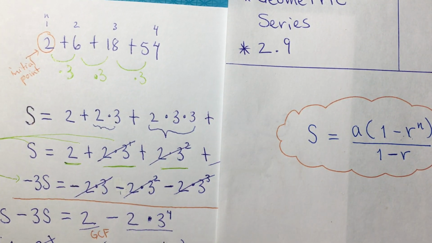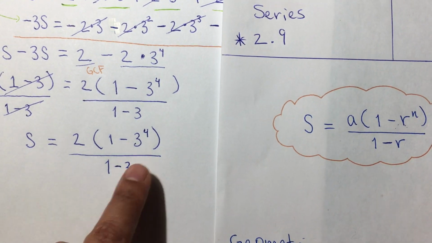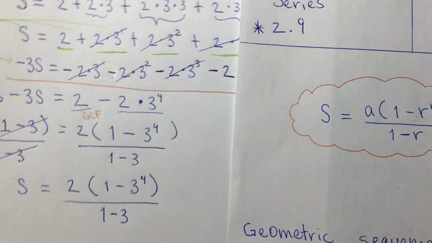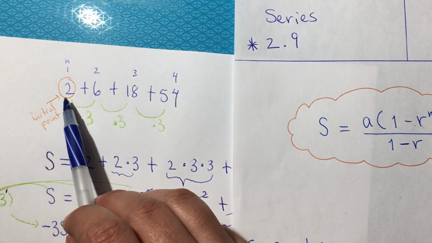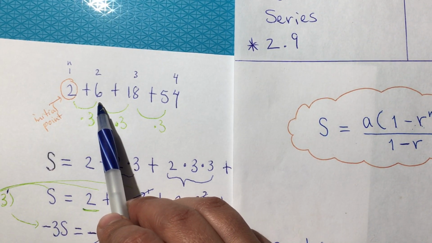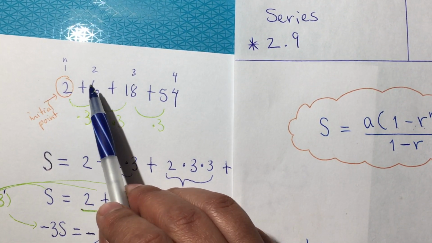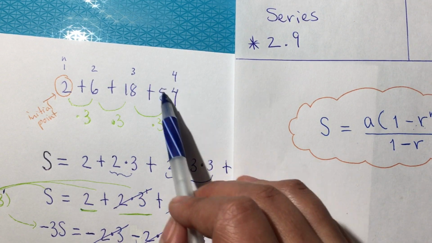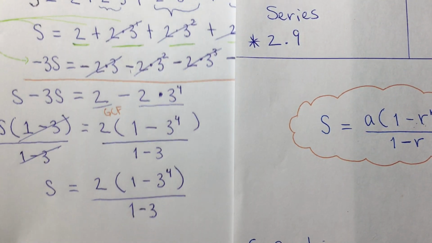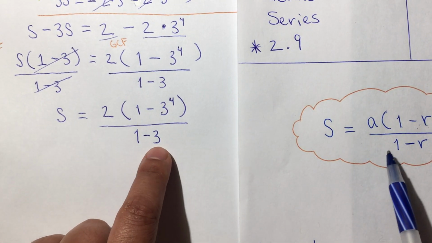That's the ratio, okay? And the nth power in here is to the fourth, which is how many numbers we have in that geometric series. 1, 2, 3, 4. Okay, so I want you to take that into consideration.